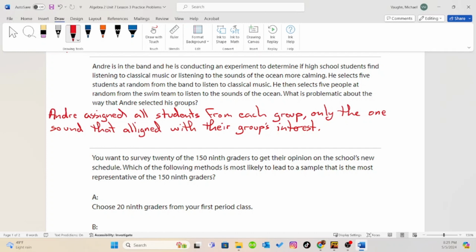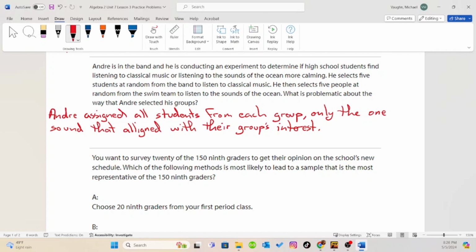He specifically selected students from the band, and then he specifically assigned them to listen to classical music, which they are more likely to enjoy because of their connection with being in the band. He then specifically selected 5 people from the swim team and then assigned them to the sound that is most closely related to the swim team, which is the sound of the ocean.